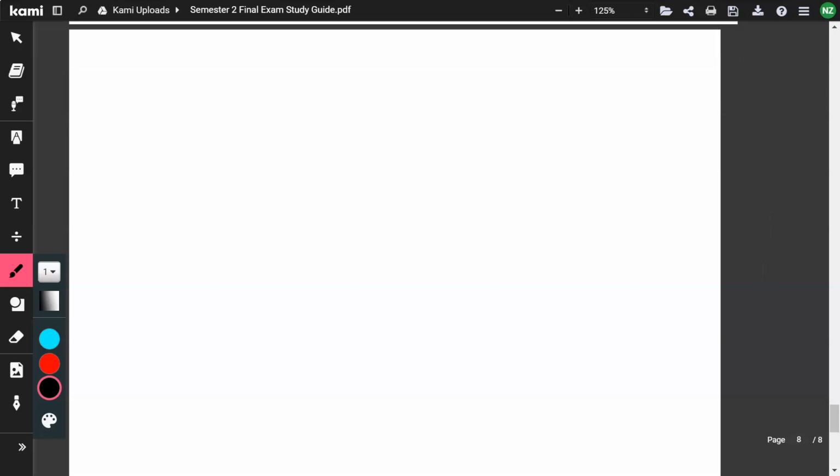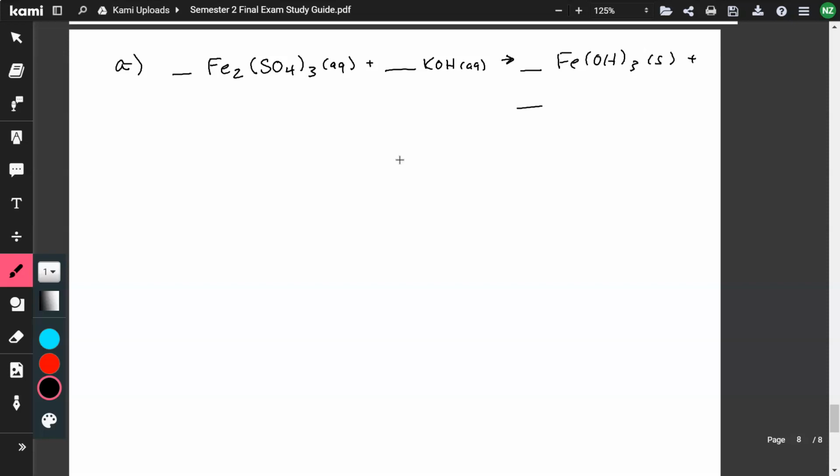So for A, we had Fe2(SO4)3 aqueous, we had KOH aqueous, then we had Fe(OH)3 solid, and then finally we had K2SO4 aqueous.